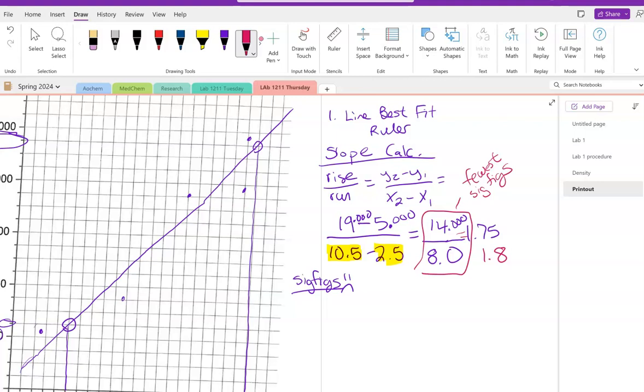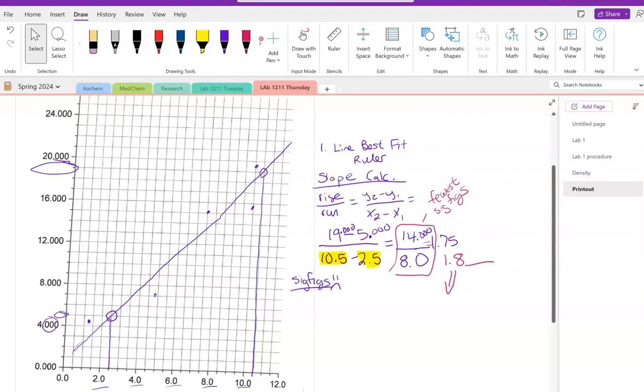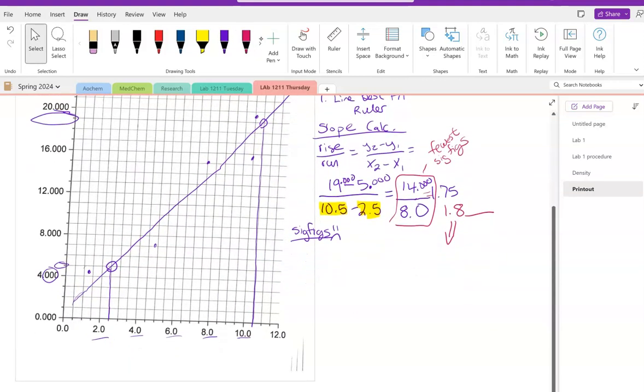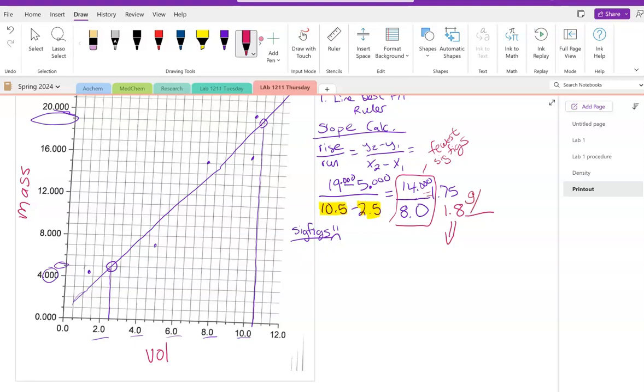It needs some units attached to it in science class. If we look at both axes, we should have volume on the bottom and mass. Our units are the y-axis over the x-axis. So 1.8 grams per milliliter for our slope.